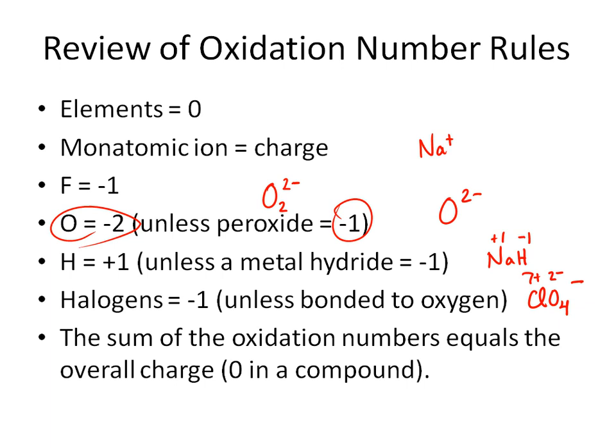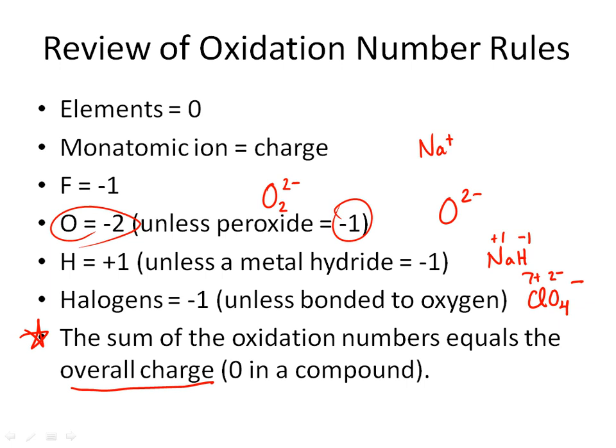And finally, the sum of the oxidation numbers in a compound or a polyatomic ion must equal the overall charge. And this is probably the most important one of all, because with that rule you can determine the oxidation number of whatever is missing. So all the oxidation numbers for a compound overall must add up to 0.